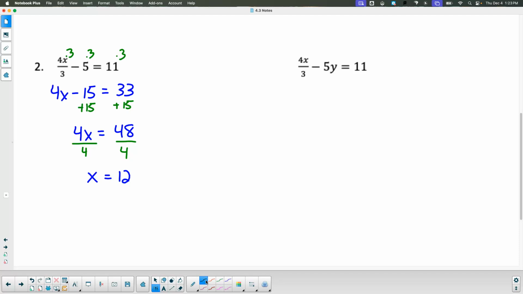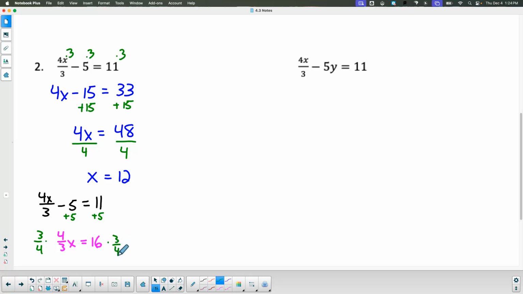Me, I would have added 5 first, gotten 4/3 x equals 16, and then I would have multiplied by 3/4.